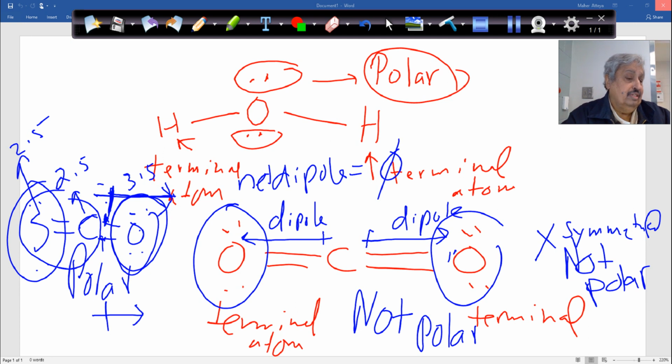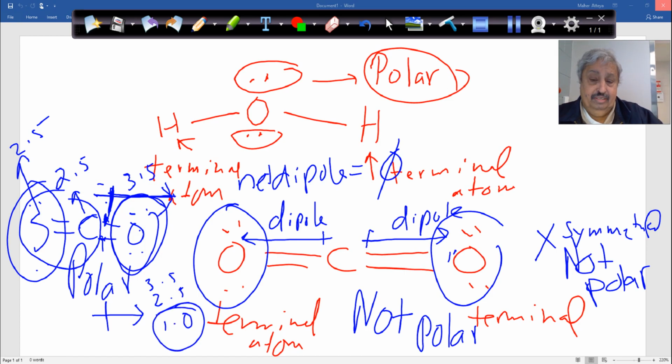Here it is not: 3.5 minus 2.5 is 1.0. So there is a dipole here, it's polar, but here it is 0 because of the same strength in opposite directions, they cancel themselves out. Thus, VSEPR is giving us this type of information. Okay, guys? So what's the basis of VSEPR? VSEPR really depends on the Lewis dot structure.